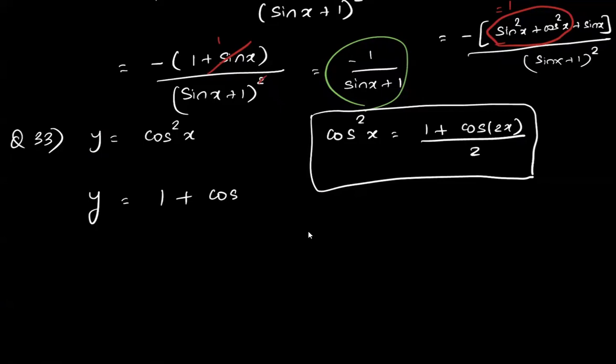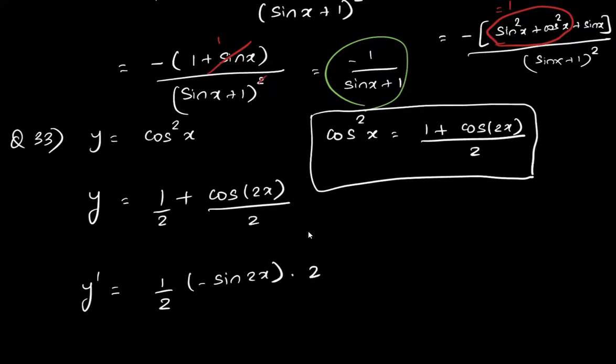So this is what I am going to use. Now this can be further split up like so, okay? Now I take the derivative of 1/2, which is 0, then this 1/2 coefficient comes out, the derivative of cosine 2x is negative sine 2x, times 2.